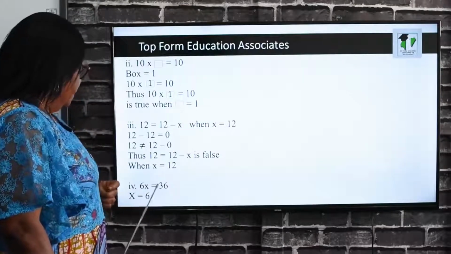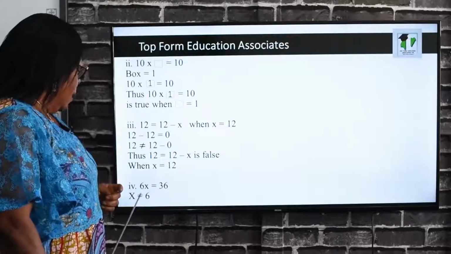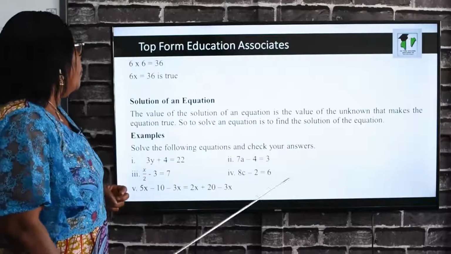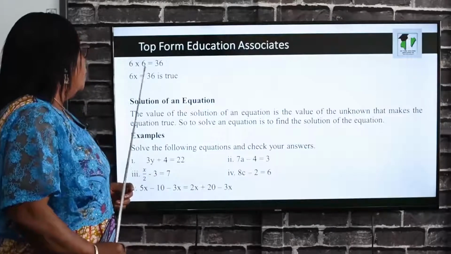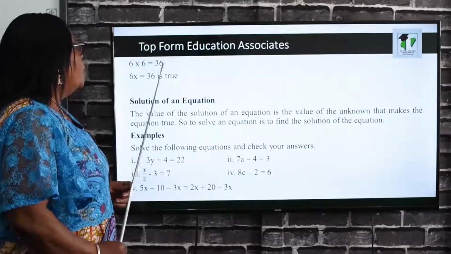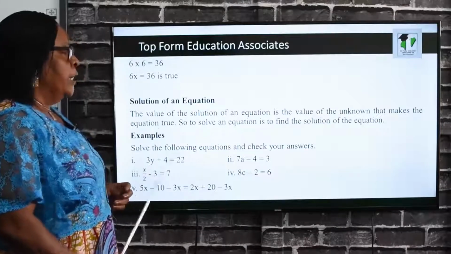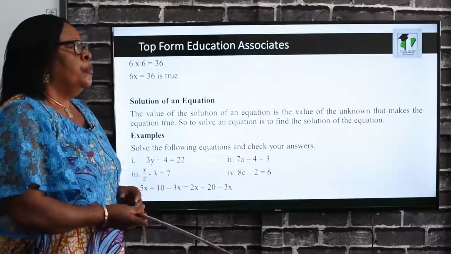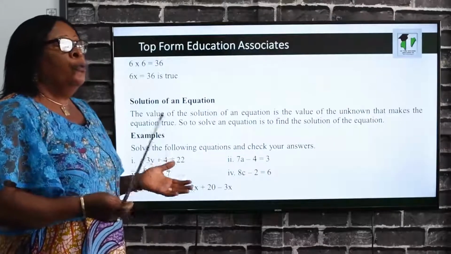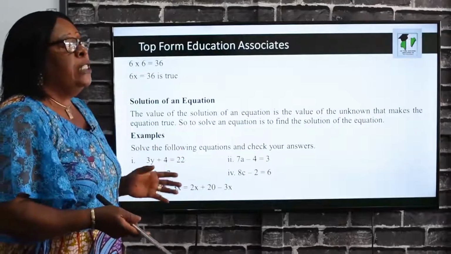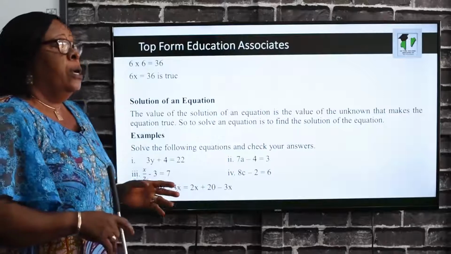Question number 4. 6x = 36 when x = 6. 6 times 6 is equal to 36. Therefore, 6x = 36 when x = 6 is a true statement. So far, students, we are looking at true and false statements depending on the value of the unknown.